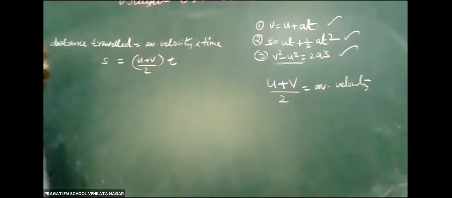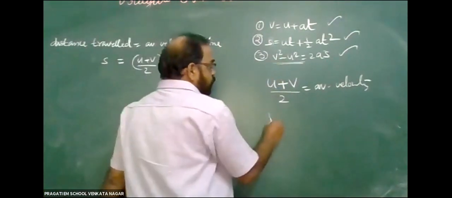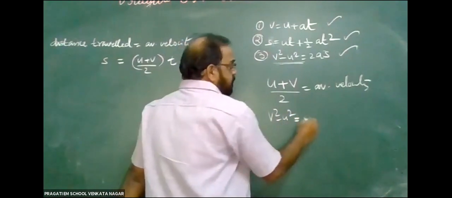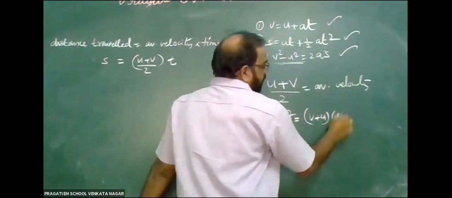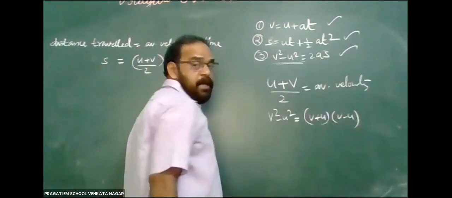Now, the equation we have to keep in our mind: v square minus u square is v plus u into v minus u. a square minus b square is equal to a plus b into a minus b.